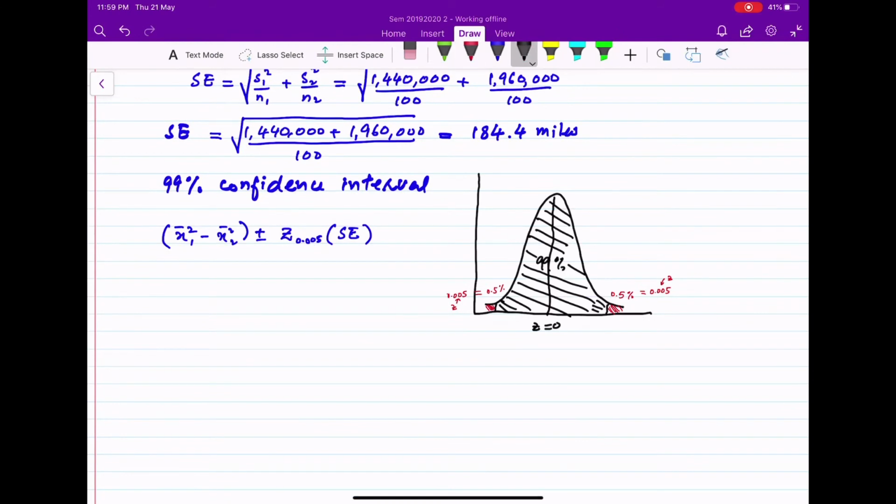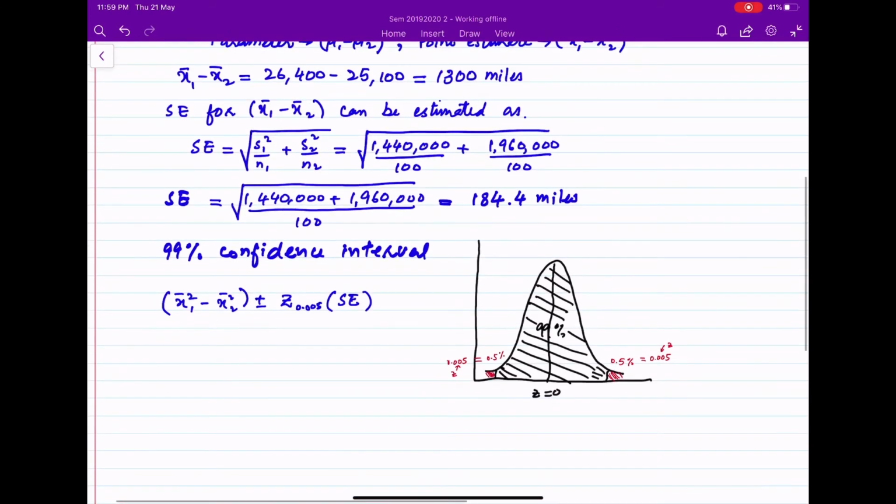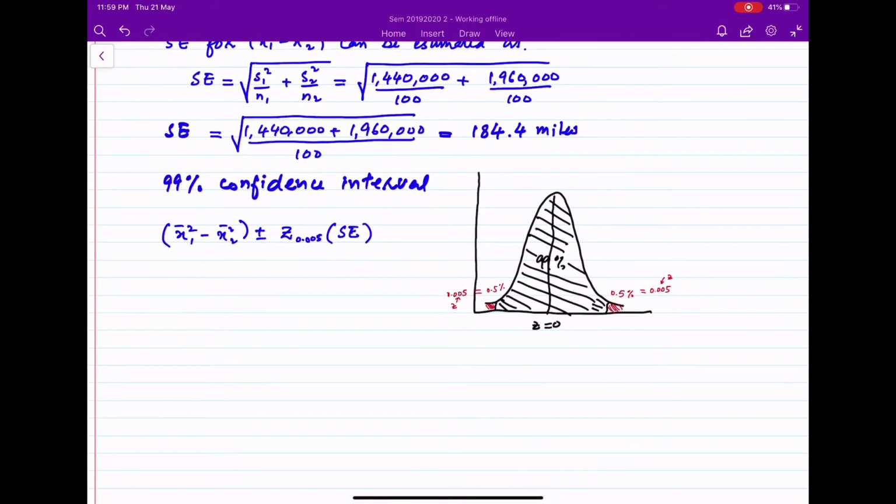Okay, now we can insert that value and the values of the others in this expression. So the difference of sample means was 1300, and plus or minus z 0.005 is 2.58. The standard error was just calculated as 184.4 miles.